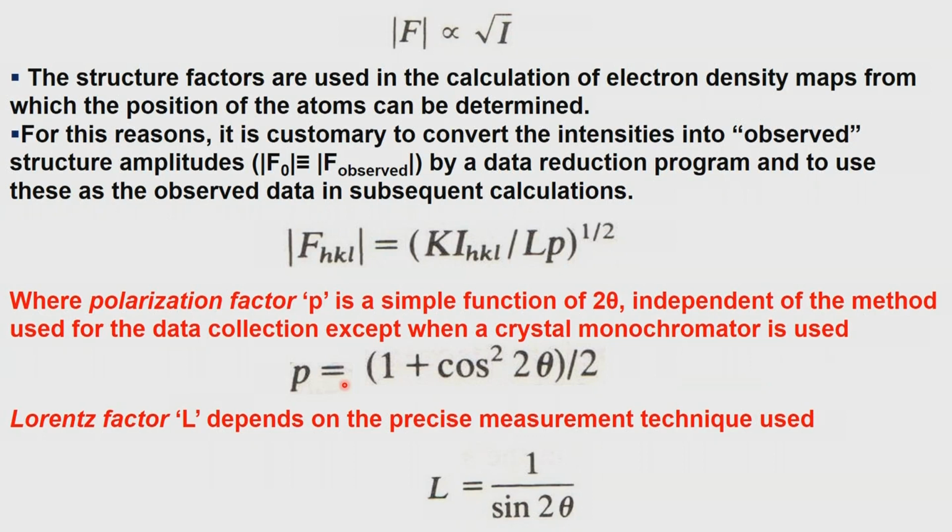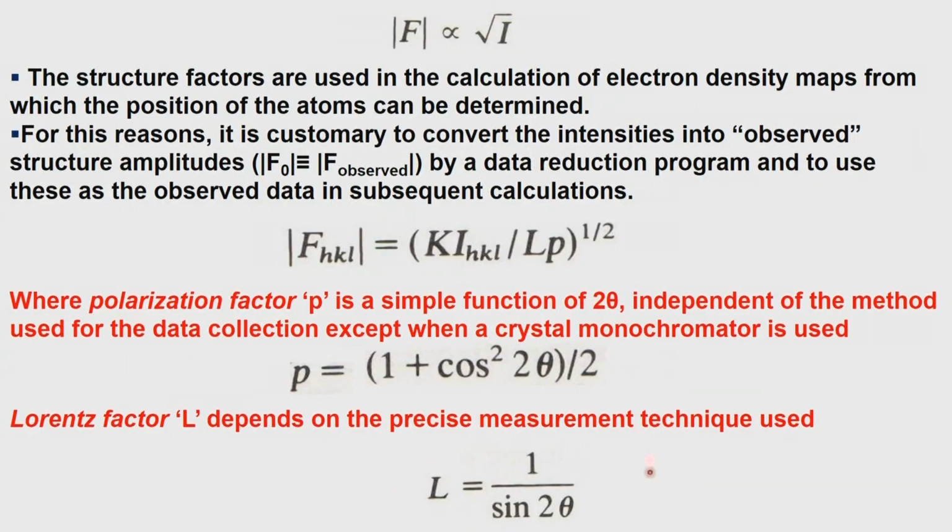Whenever the reciprocal lattice point intersects with the Ewald sphere, we get diffraction. Now, the amount of time spent by that particular diffracting point will be different depending upon the orientation and the distance of that point with respect to the origin, and this is where we have an issue. The issue is in terms of L, which is called the Lorentz factor, and this is dependent on 1 divided by sin theta.